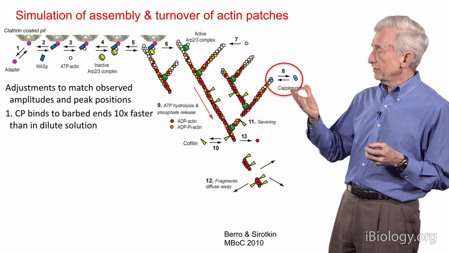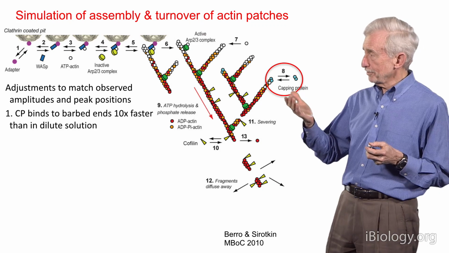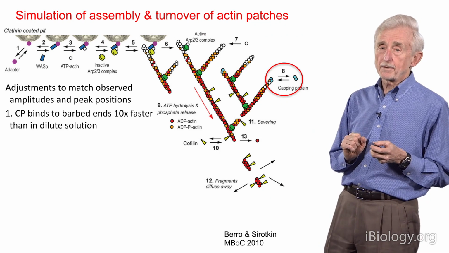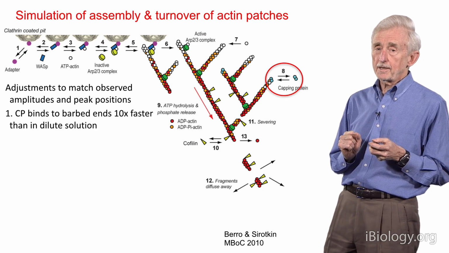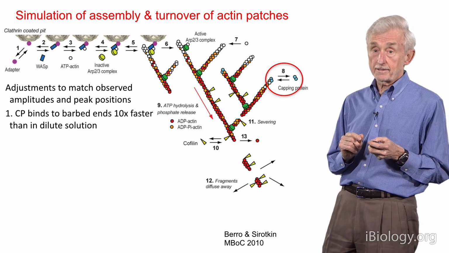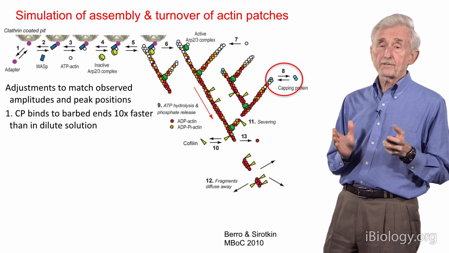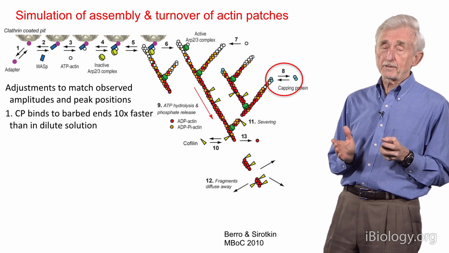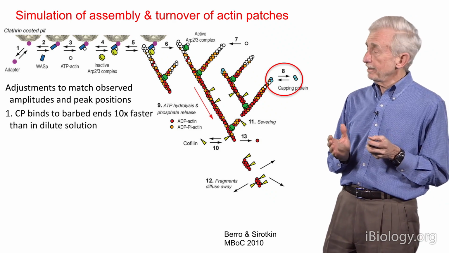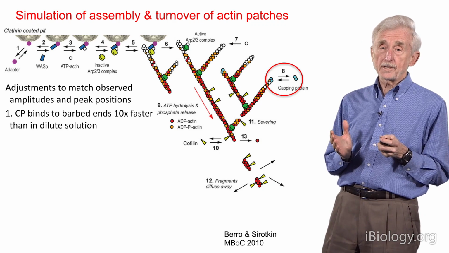So here are the adjustments we had to make in the original assumptions. First of all, we had to assume that capping protein binds to the barbed ends of the actin filaments 10 times faster inside the cell than it does in a dilute solution in a test tube. This was actually very good news because we've been interested for a long time in something called an excluded volume effect.